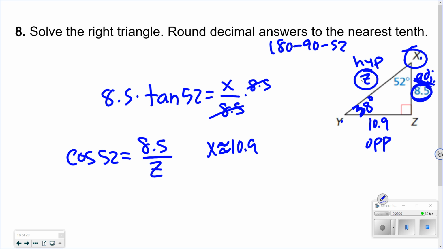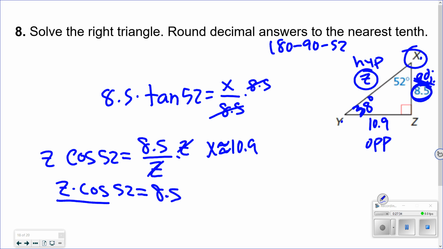If I want to solve for this, I times by Z on both sides, and those cancel out. I have Z times the cosine of 52 equals 8.5. Divide by the cosine of 52. Plug that in my calculator, and that ought to give me the final side I missed.